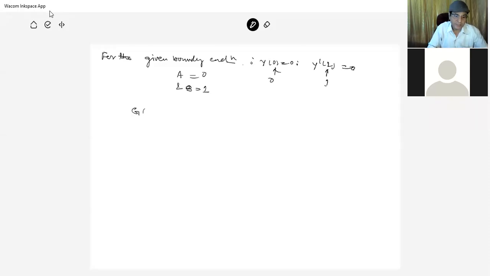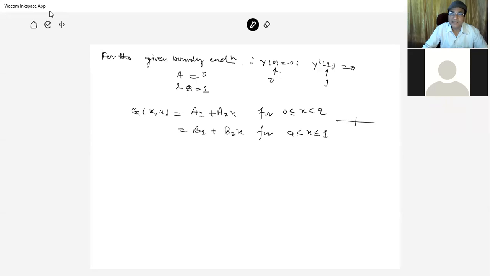So this general function, the Green function G(x, a), is equal to a1 plus a2x for the boundary condition 0 is less than x is less than a, and here it is b1 plus b2x for a is less than x is less than 1.